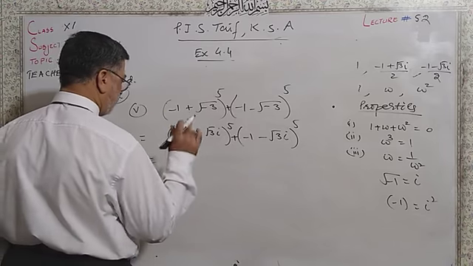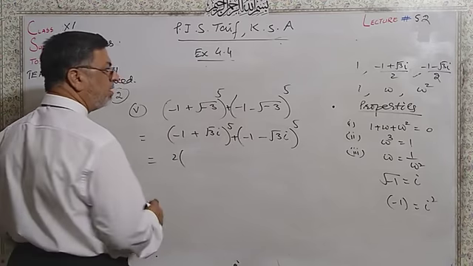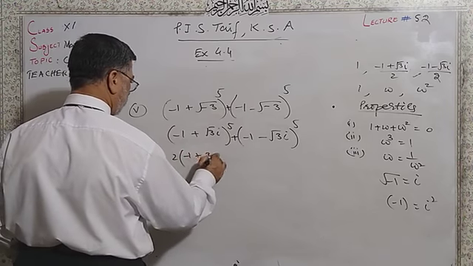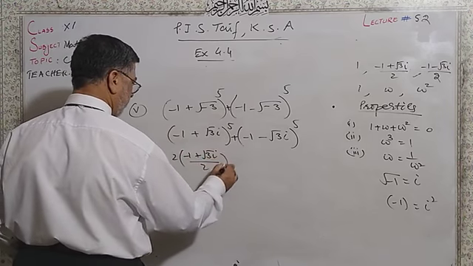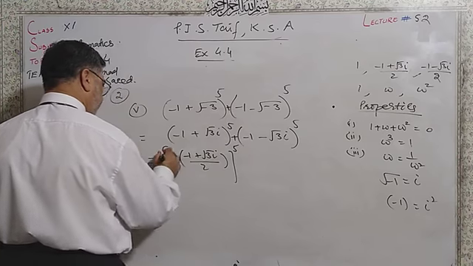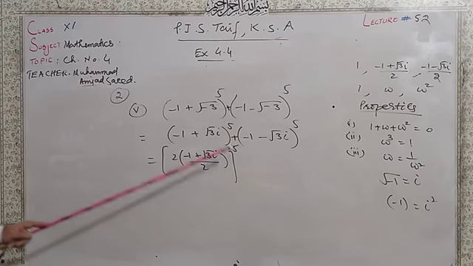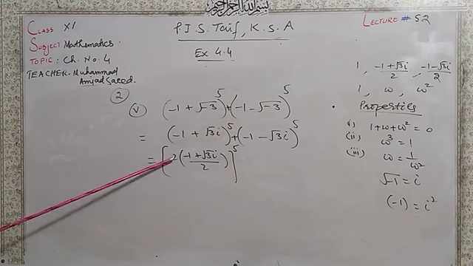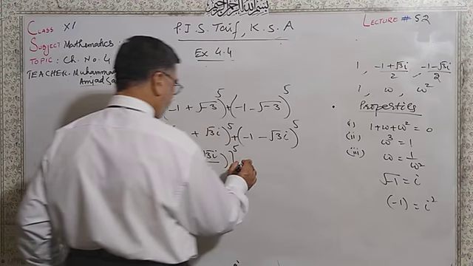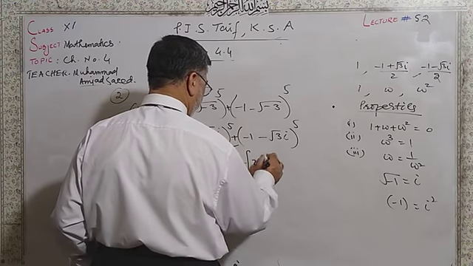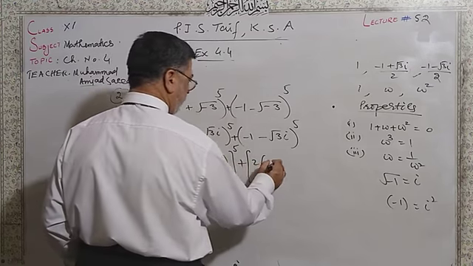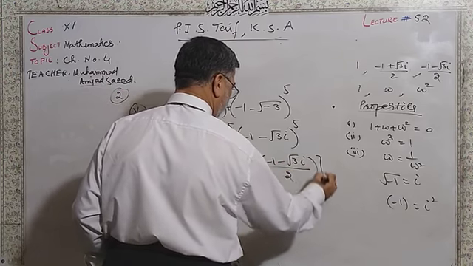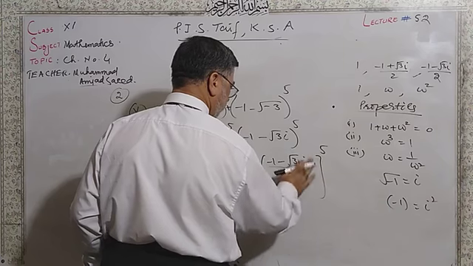So it is easy: multiplying above and below by 2 inside power 5. Similarly, the same way, multiplying above and below by 2 in the second term, and whole power is 5.